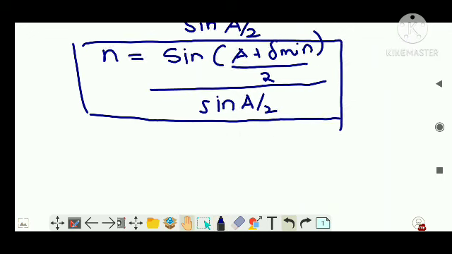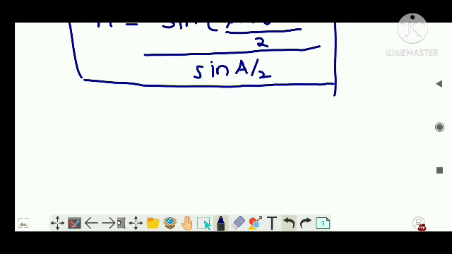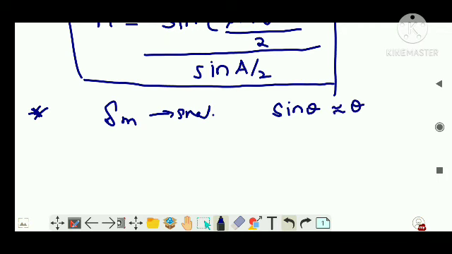Clear? Now, there is a small thing more. Suppose the prism is very small. That means the minimum deviation will also be very small, and then sin theta will be equivalent to theta. When theta becomes so small, sin theta is equivalent to theta itself.